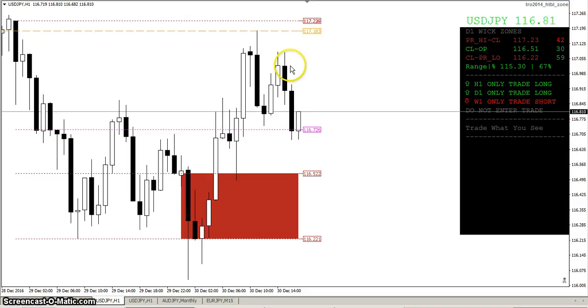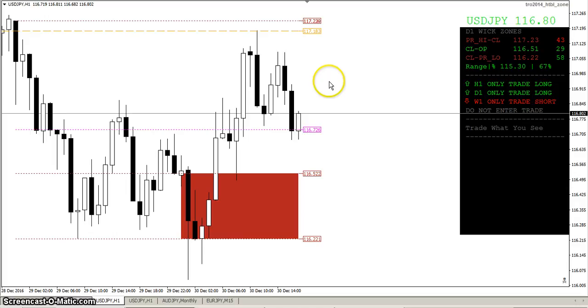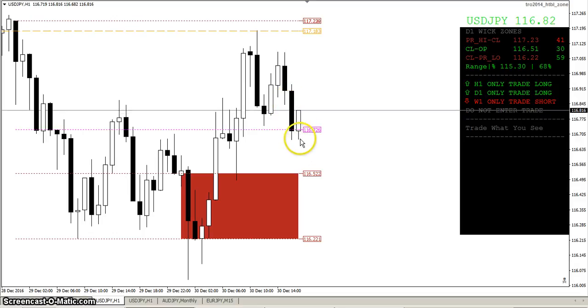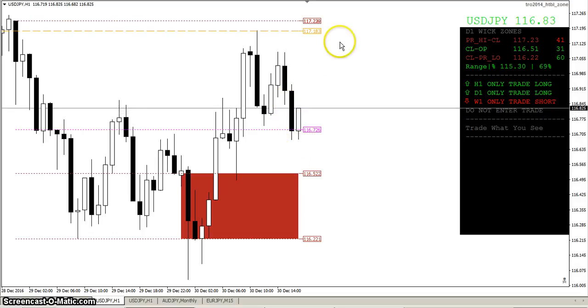But the point is that if it enters the zone, it leaves the zone. That's the thing about the wick zone. So you can see here, it went up, entered that wick zone, and then it exited. You see here it came down into the wick zone, and then it exited. And that's what we're looking for, is the exit of the wick zone on these trades.